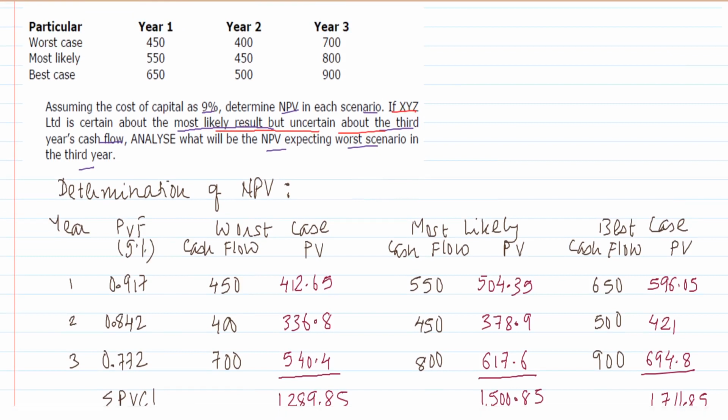What they are trying to say is that in the first year, I'm pretty sure about the most likely 550. In the second year also, I am pretty sure about the most likely 450. But in the third year, I am worried that I may get only 700, the worst case one. So if I consider this combination, what will be the NPV?